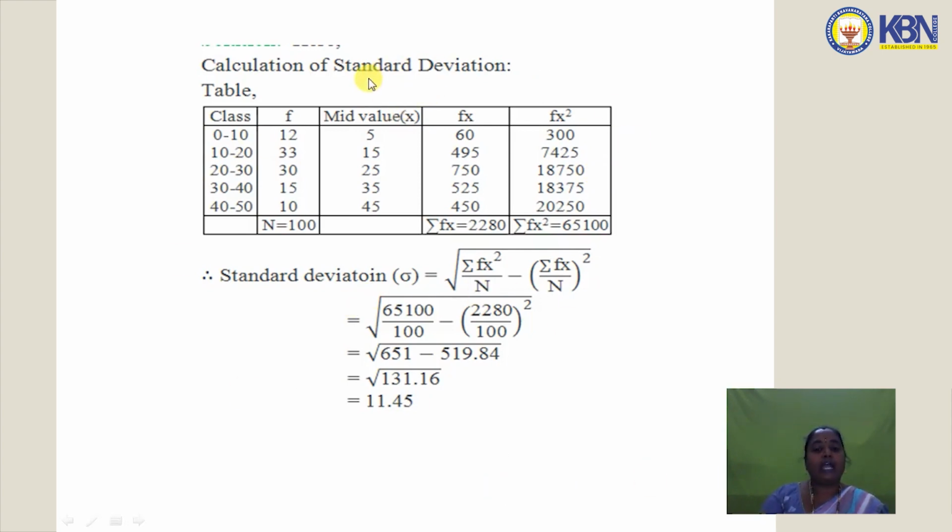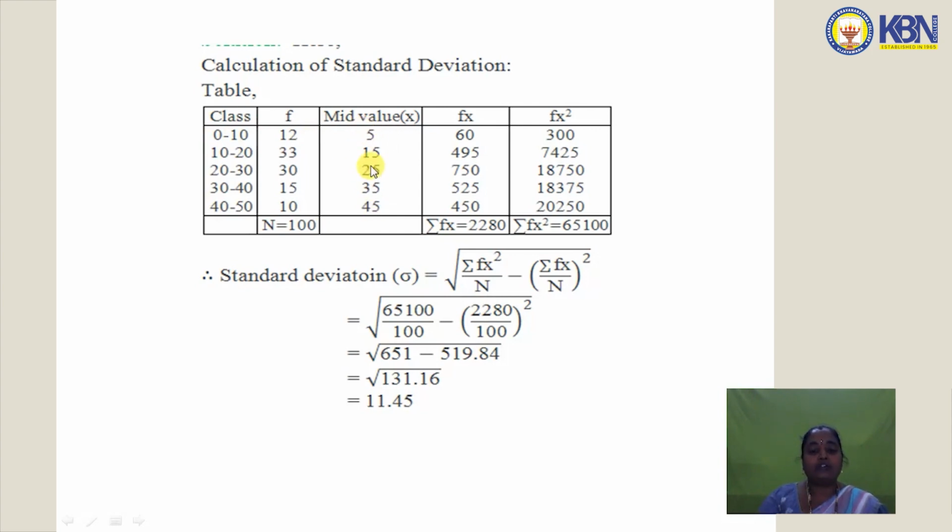If we want to calculate standard deviation for a continuous series, here there are class intervals from 0 to 10, 10 to 20, up to 40 to 50, and the frequencies are also given. First we convert these class intervals into mid values using the formula (lower limit plus upper limit) by 2, that is (0 plus 10) by 2.